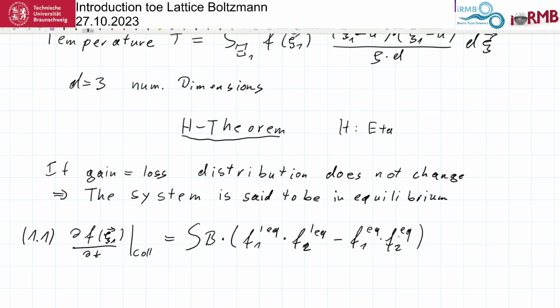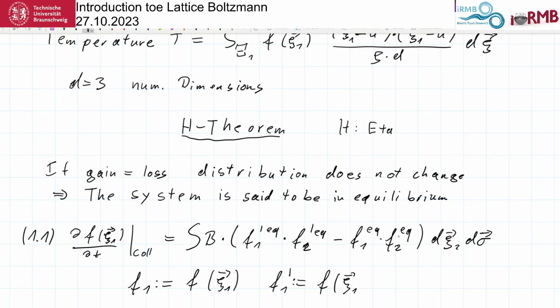And this goes over C2 and over all directions. What I did here is I defined F1 as F of c1, and F1 dash as F of the velocity C1 dash, as a shorthand. So we are going to understand this.